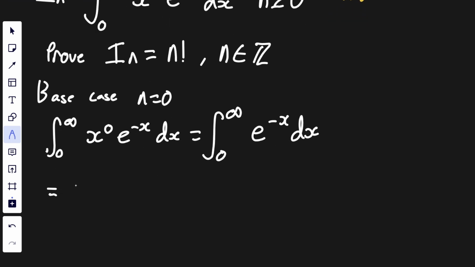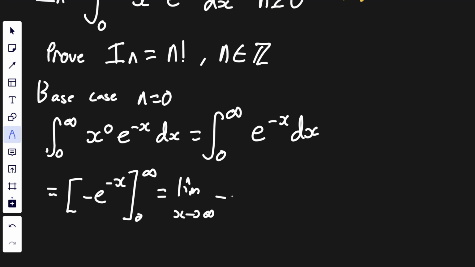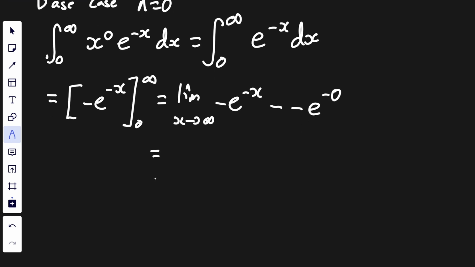Well, this is equal to minus e^(-x) between 0 and infinity, which is equal to the limit as x goes to infinity of minus e^(-x), minus e^(-0). So we're subtracting the 0, but it's already a negative, so it's going to be plus. This is just the same as 0 plus 1.